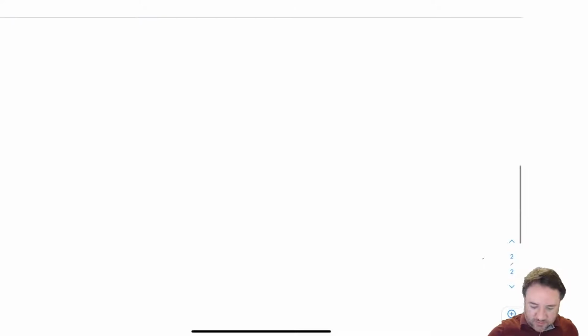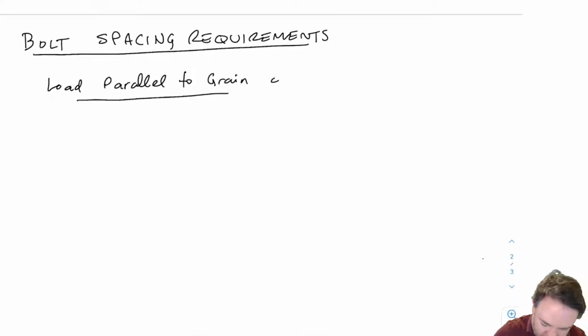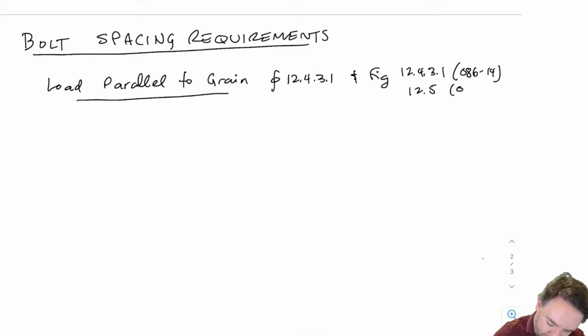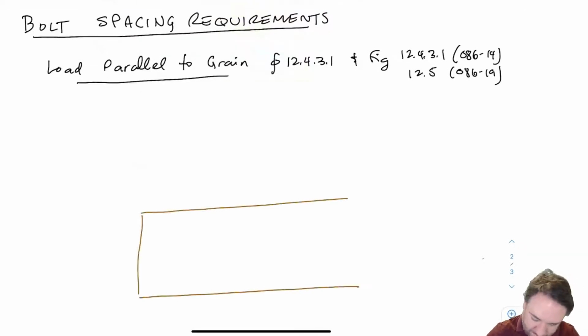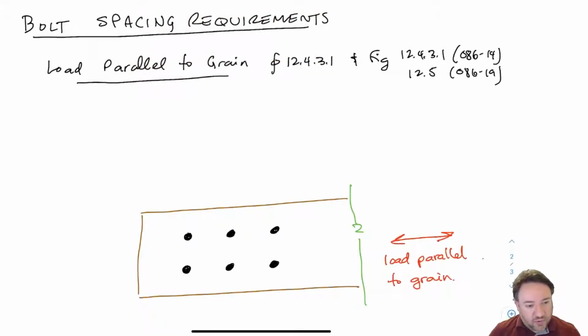Okay, so before we talk about the details, we are going to talk about the spacing requirements for bolts. The spacing requirements differ depending on the direction of my load. So if my load is parallel to grain, I have one set of spacing requirements.